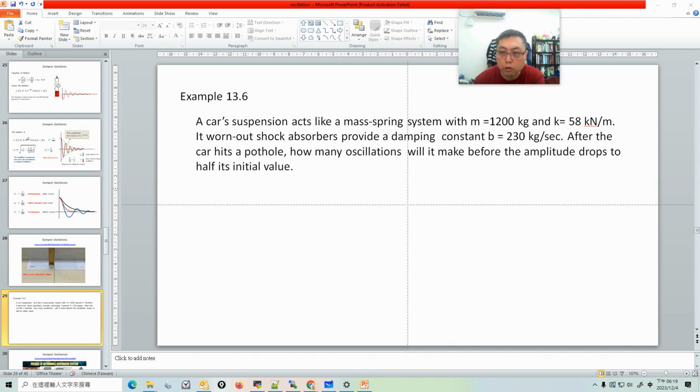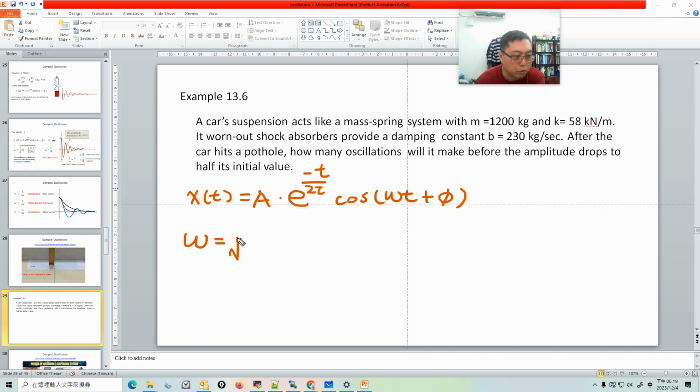For damped oscillation, the solution is x equals A times e to the power of minus t over 2 tau, times cosine of omega t plus phi. And your omega is equal to the square root of omega 0 squared minus b over 2m squared. Let me check, b over 2m.